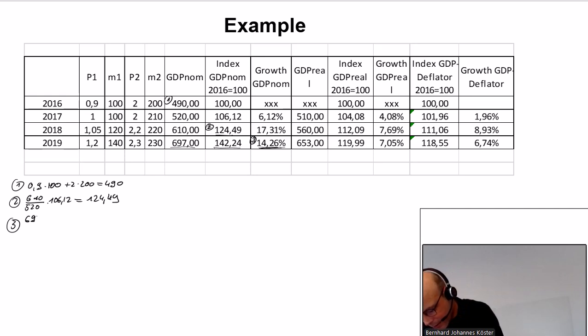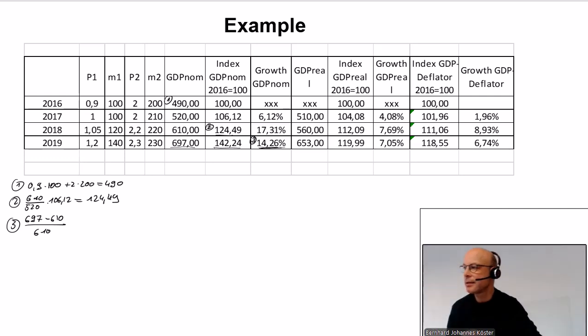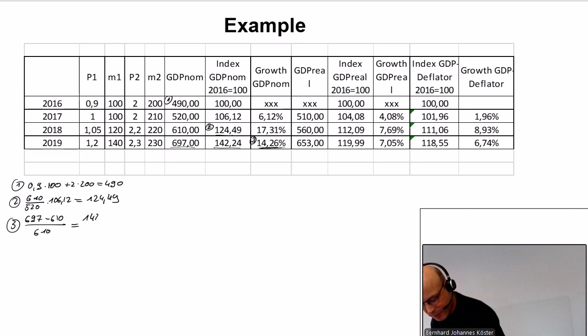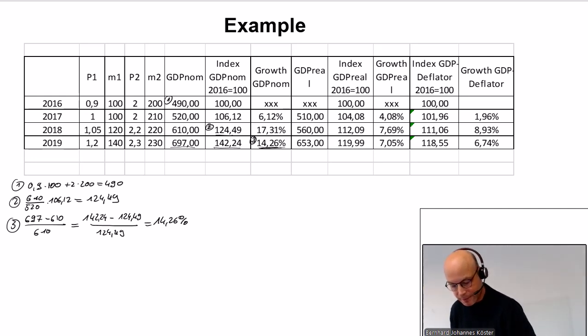This is maybe also a good example to do this. Since going into the index just means making a relative change of every number in the same way, this has to be the same number as for 142.24 minus 124.49 over 124.49, and this is then 14.26%.